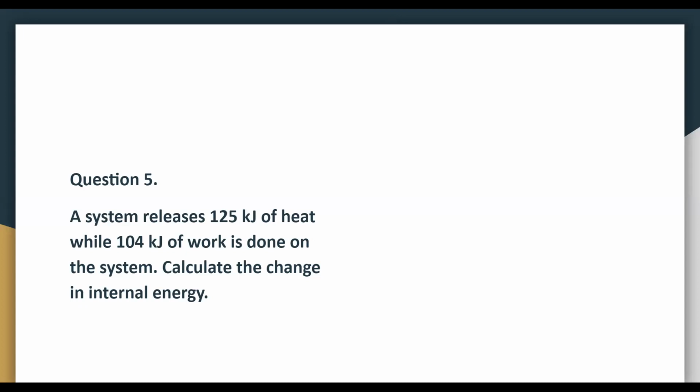Calculate the change in internal energy. Now we can see in this particular question, it is mentioned releases 125 kilojoule of heat, right? So we'll write in data, first thing is given, that is heat 125 kilojoule.